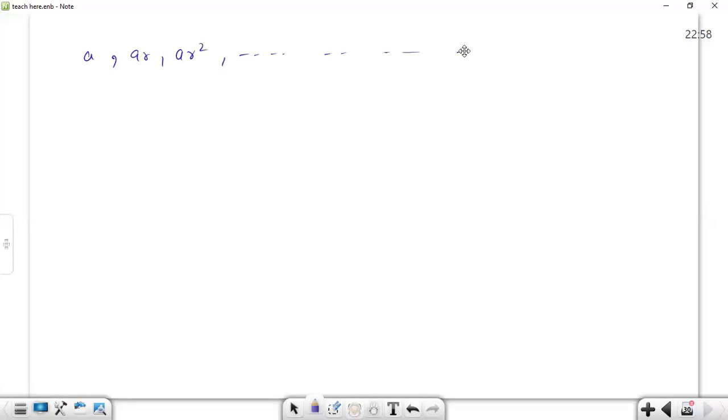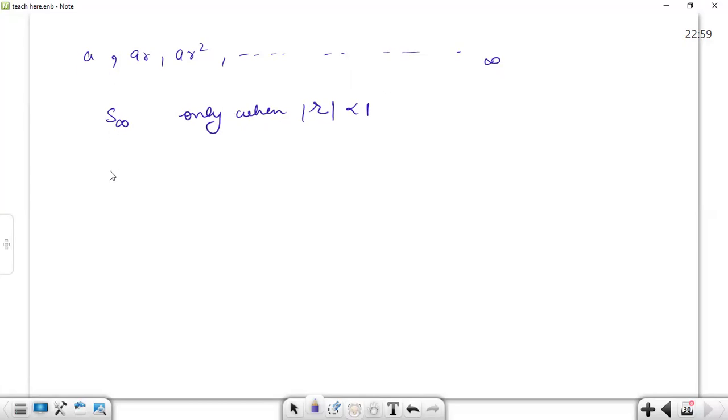If it is going till infinity, we will be able to find the sum of infinite terms only when the modulus of the common ratio is less than 1. When the GP is becoming less and less with time, so that after infinity it will collapse, then only will we be able to find its solution.